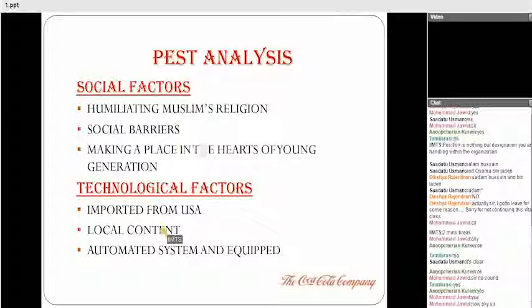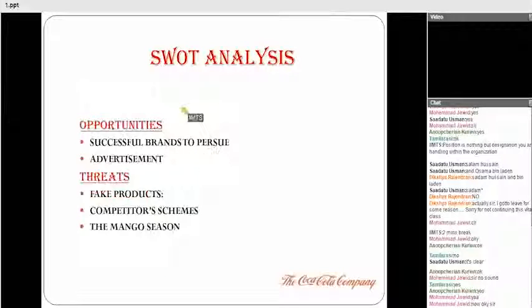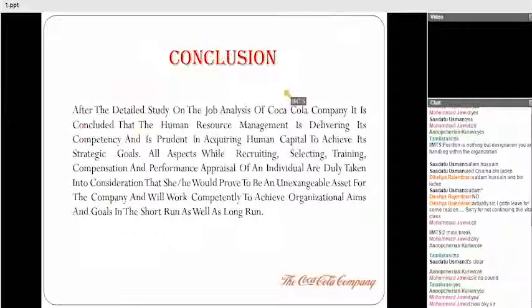Technological factors, that means imported from USA, local content and automated system and equipment. SWOT analysis, that means S stands for strength, W stands for weakness, O stands for opportunities and T stands for threats. So SWOT analysis also plays a major role.